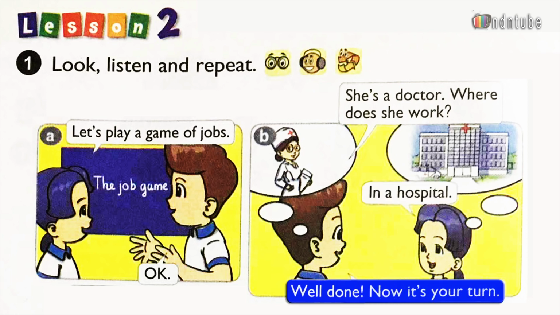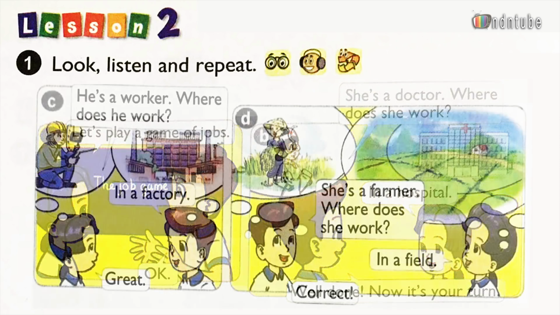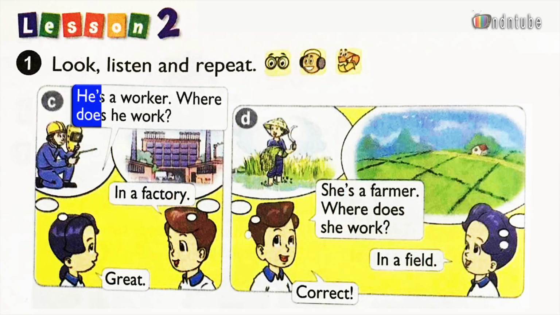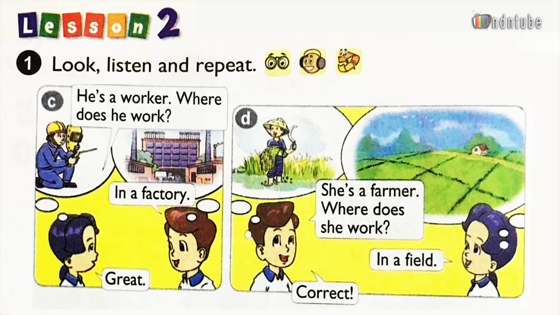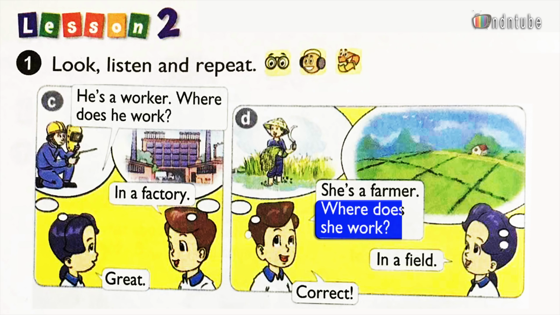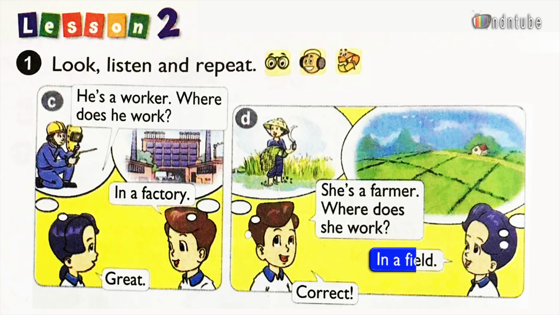Now it's your turn. C. He's a worker. Where does he work? In a factory. Great. D. She's a farmer. Where does she work? In a field. Correct.